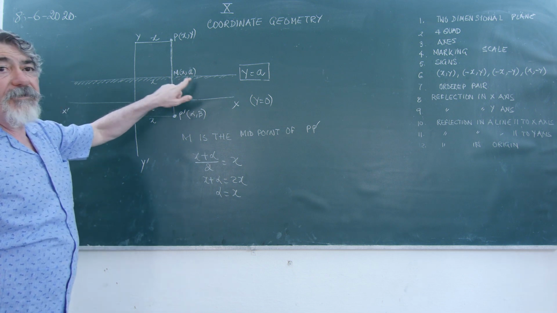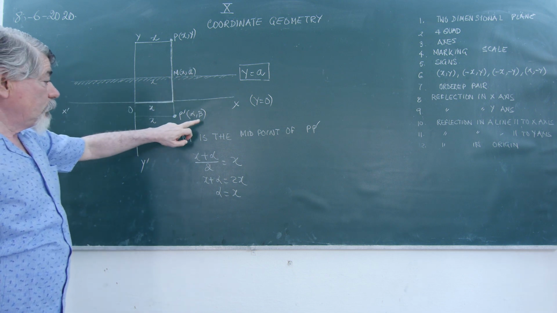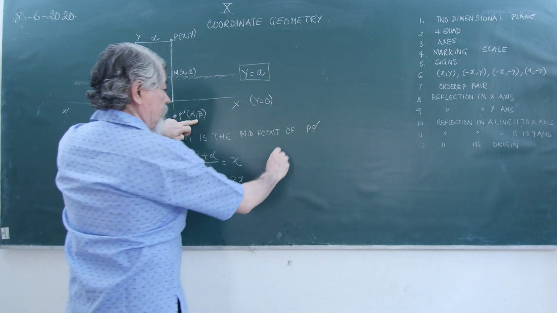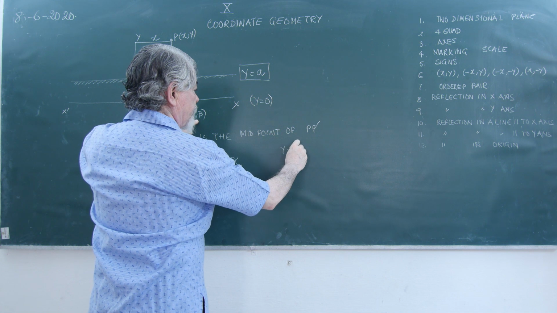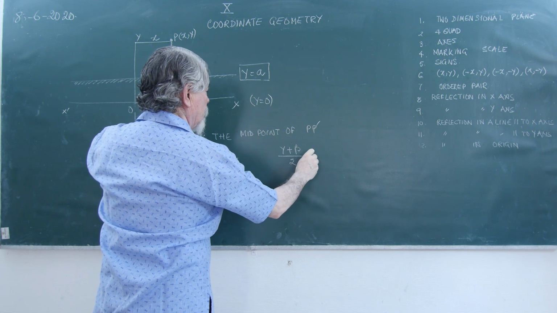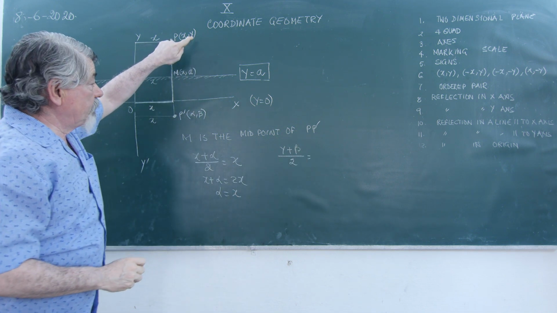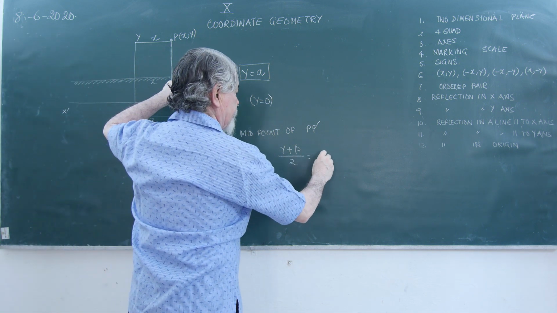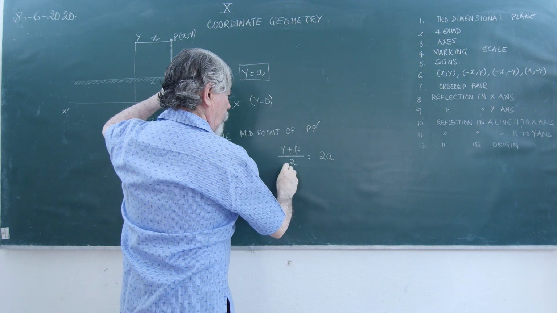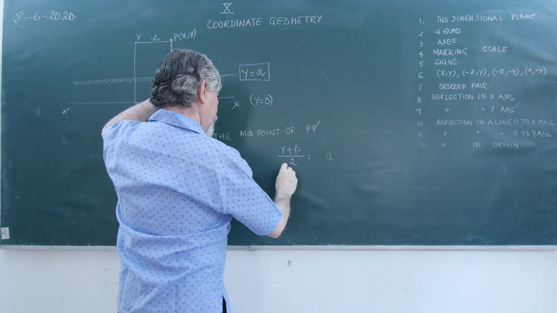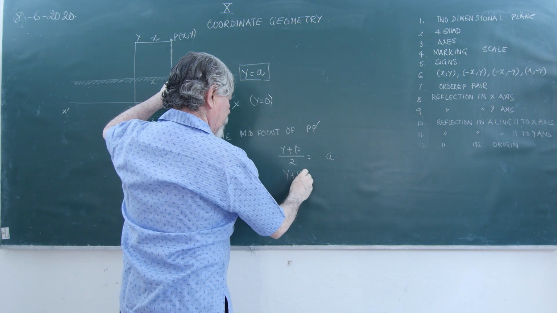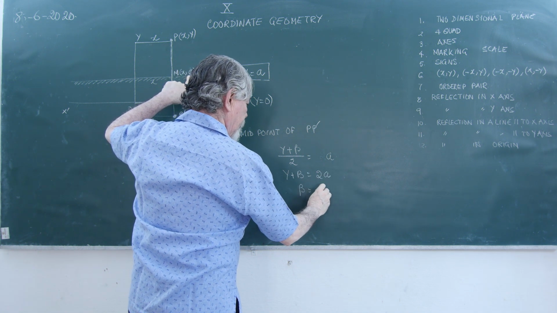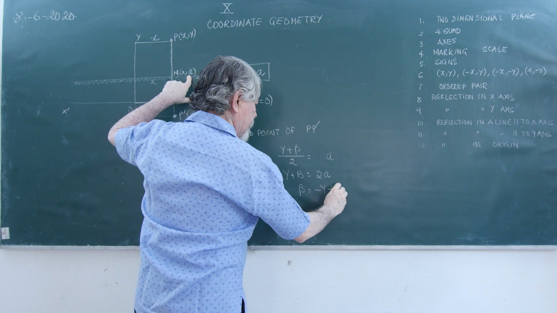Let us see what will be the value of the second coordinate, beta. Now, (y plus beta) upon 2 will be equal to a. So y plus beta will be equal to 2a, or beta will be minus y plus 2a.